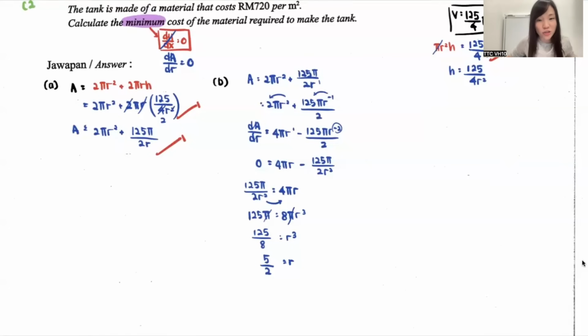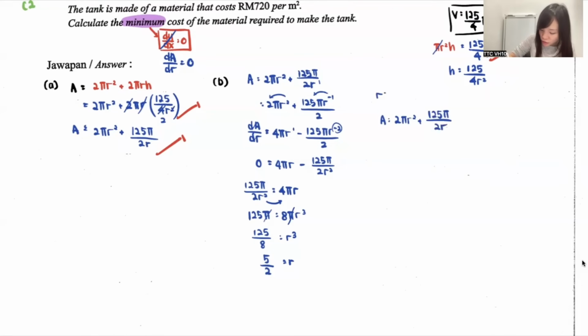So the radius is actually 5 over 2. So 5 over 2 is what? It's the minimum radius. But of course, I'm not finding the minimum radius, I'm finding the minimum area. So how do I find the minimum area? My dear, now you just need to sub into your area equation. The area equation is this one: 2 pi r squared plus 125 pi over 2r.